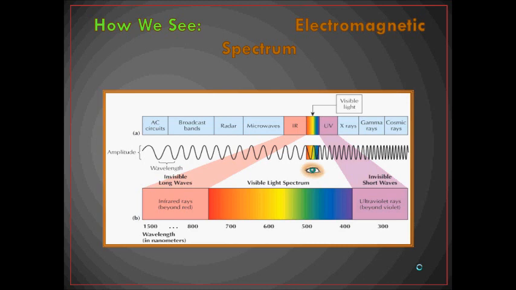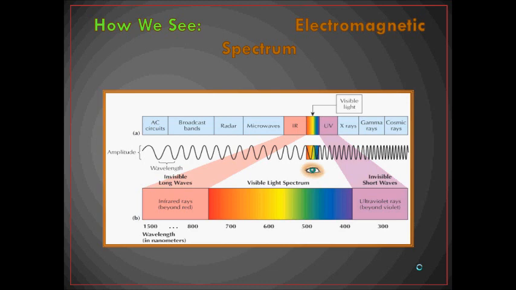If you take a look at the part of the image just below, like AC circuits, broadcast bands, radar, microwaves, and so on, there's the little wiggly line of the frequency. If you look at that little rainbow above our eyeball, we see a very, very narrow, very specific range of light waves. Everything else outside of that just escapes our vision.